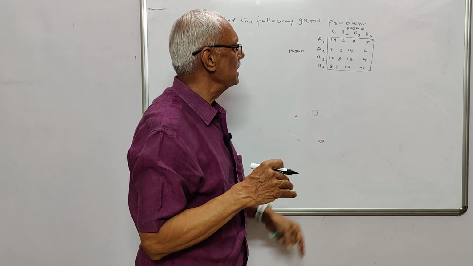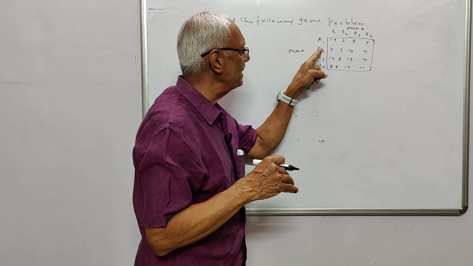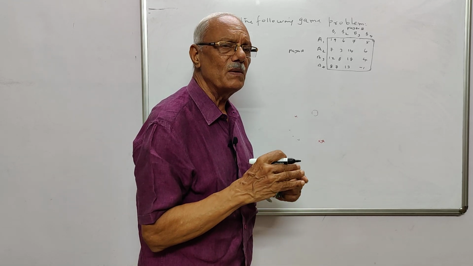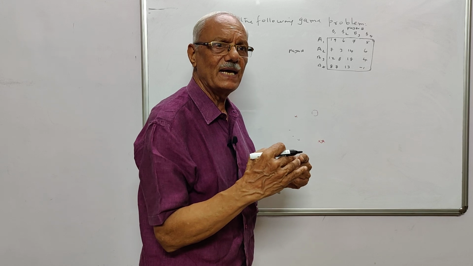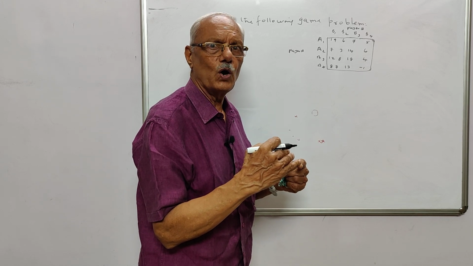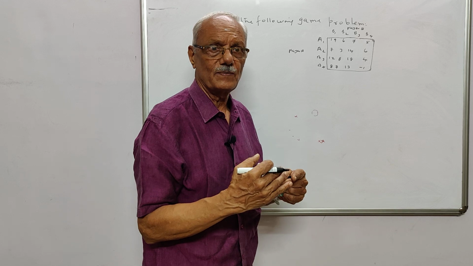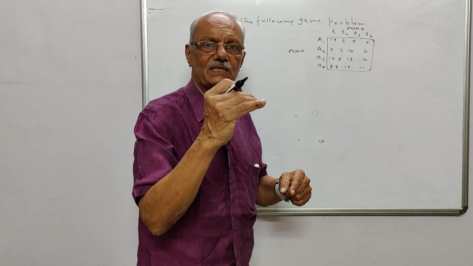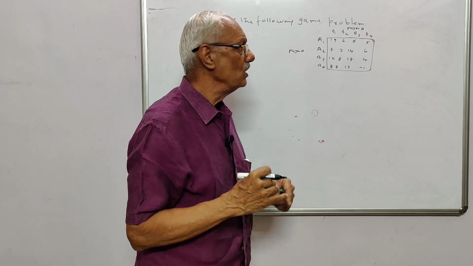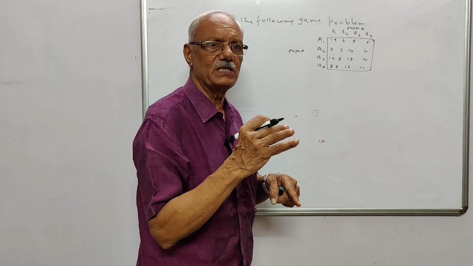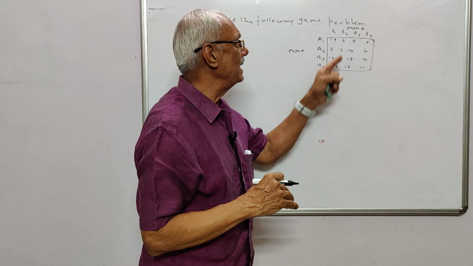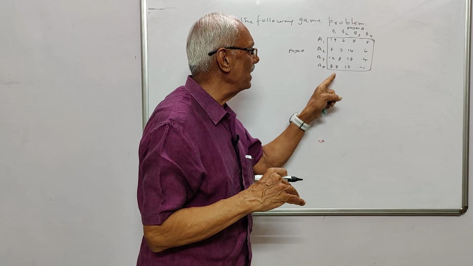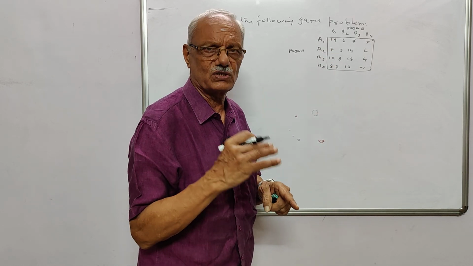He will go through every strategy that he is likely to use and find out the minimum gain that he would get on using that strategy, and among all the minimums he will choose the maximum, that is the max-min principle. So A will go for the max-min principle and B will go for min-max, in the sense he will try to find out what is his maximum loss.